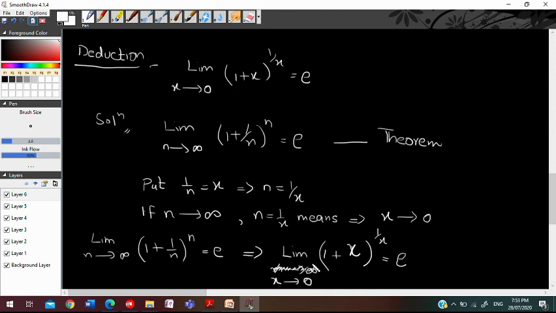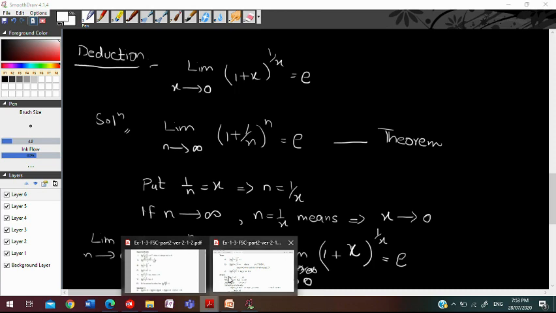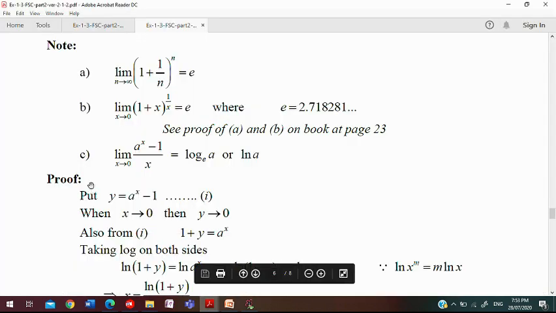Now, the third theorem, which is also very important, and instead of calculating, I have the solution of this theorem, so you can see the solution. Now, this is the third theorem. When limit x approaches 0, (a^x minus 1) divided by x is equal to log of a, or the natural log of a.